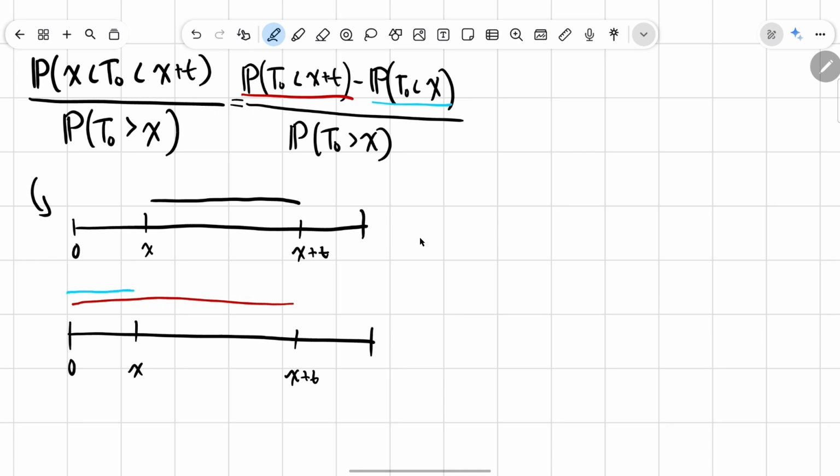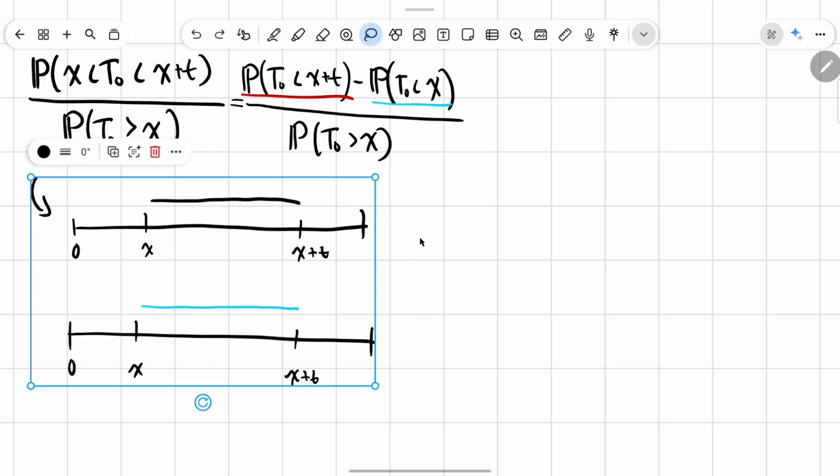Okay, so when we subtract these two, what we will have remaining is this part, which is just the same. Okay, I hope that is clear for everyone.